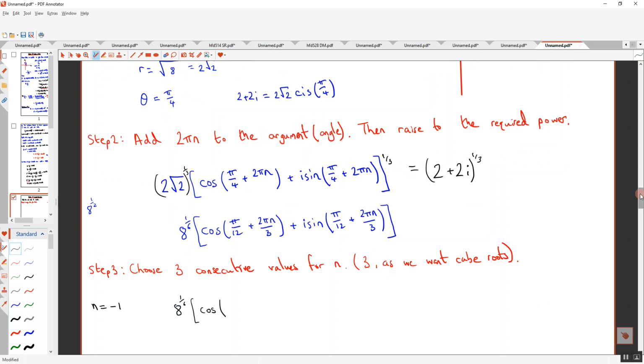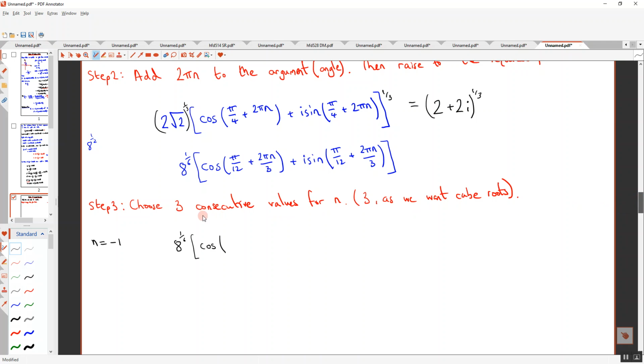So we choose 3 consecutive values for n, and we want to choose 3 because we want cube roots. So for square roots, we would choose 2 consecutive values. So we're going to let n equal -1. So I've got pi over 12 minus 2 pi over 3. So that's letting n equal -1, and then so that's 4. So that's -7 pi over 12.